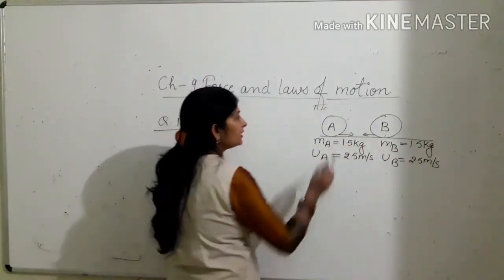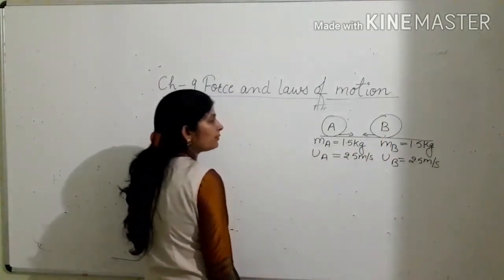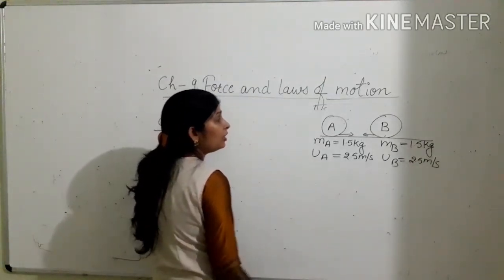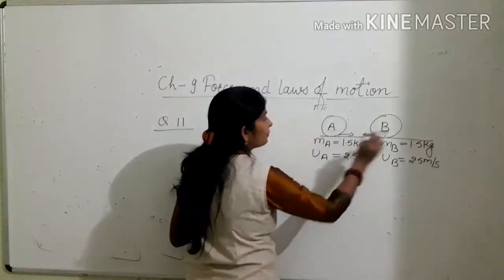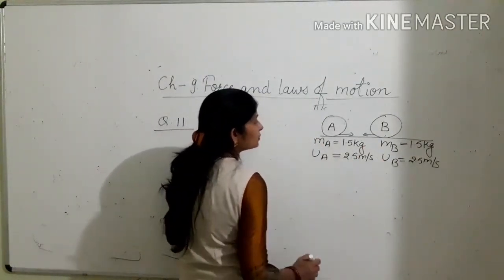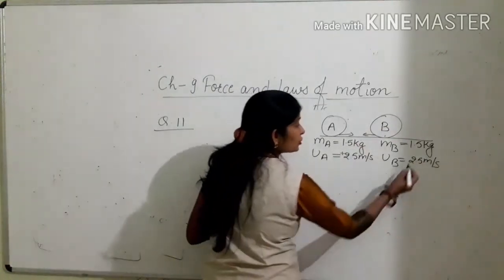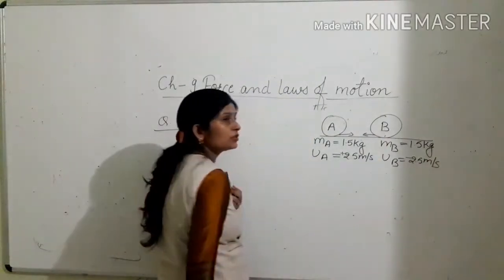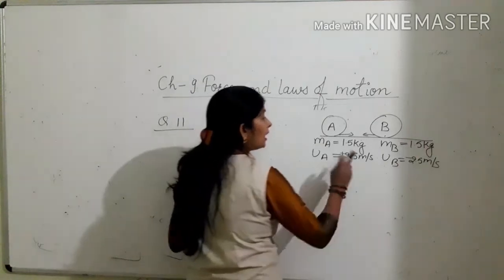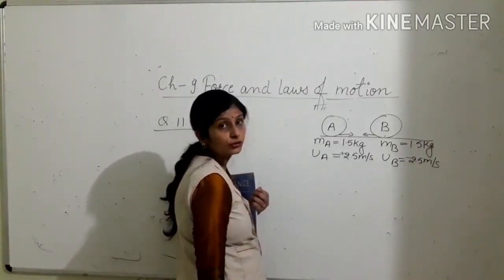So what is given? There are two objects A and B having masses 1.5 kilogram each, moving with same initial velocities 2.5 meter per second on a same straight path but in opposite direction. So if we consider its initial velocity as plus, then the other will be mentioned as minus, to show the oppositeness of their direction of motion.